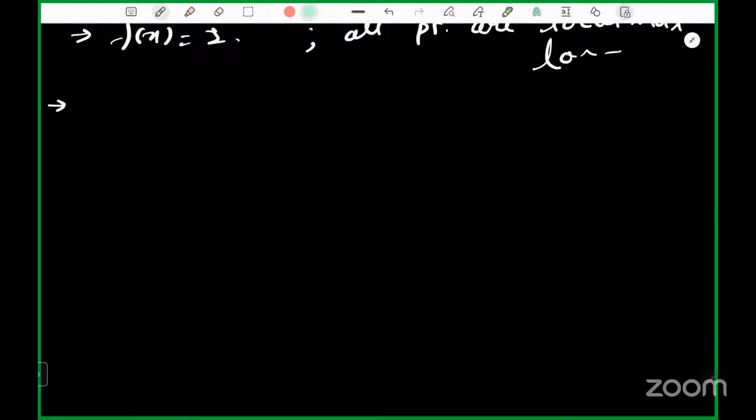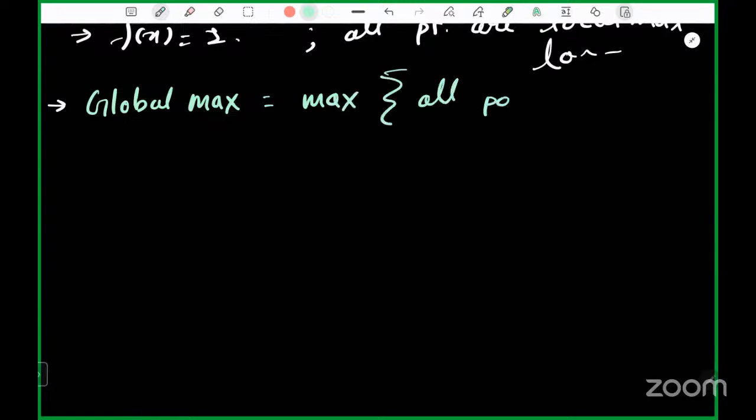For finding global maxima, you have to consider all local maxima and find the max of those, so whatever local maxima are there, you choose the highest one. Similarly for minimum.